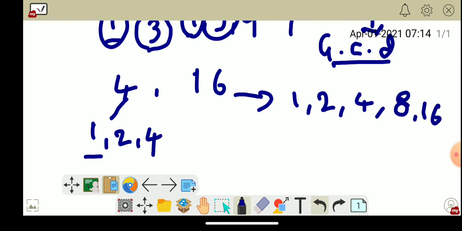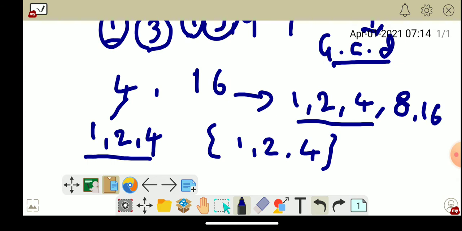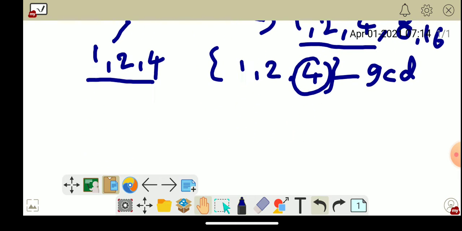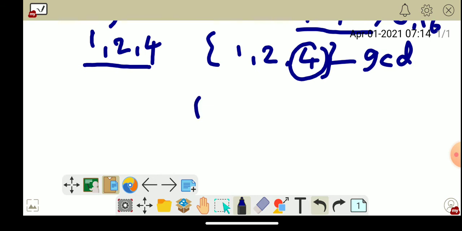What are the common factors or common divisors here? 1, 2, 4. Here the highest value is 4. This 4 is called the greatest common divisor, GCD of 4 and 16 equal to 4. Is it clear, all of you?